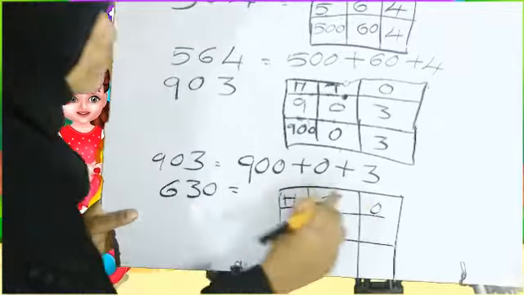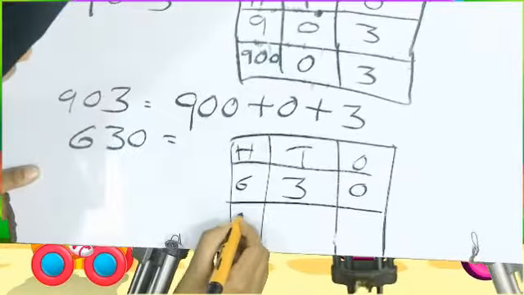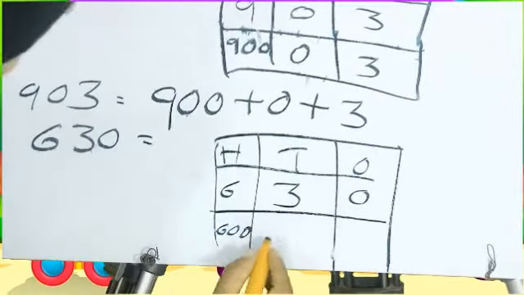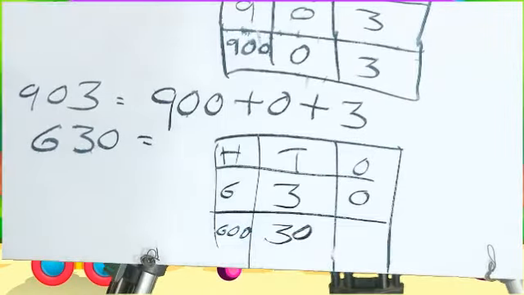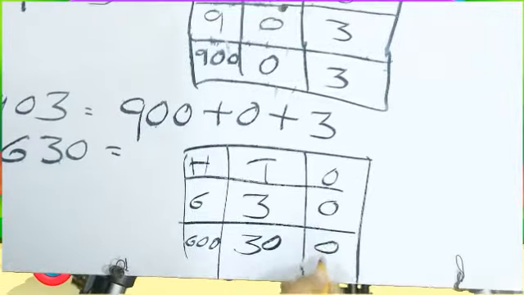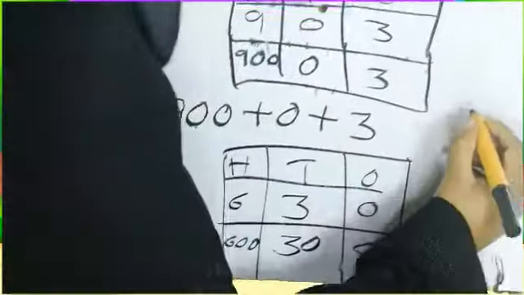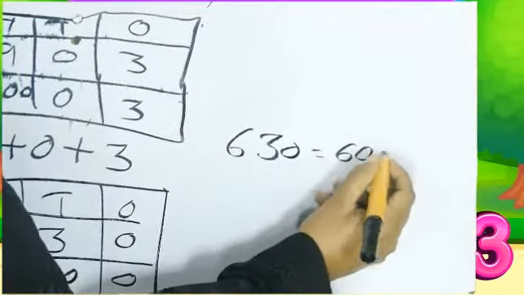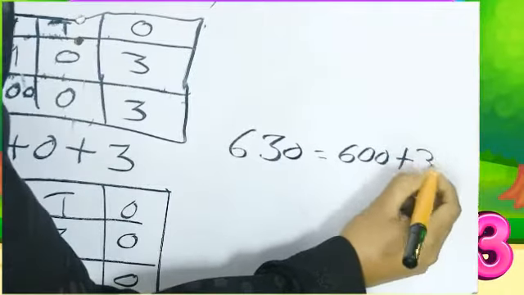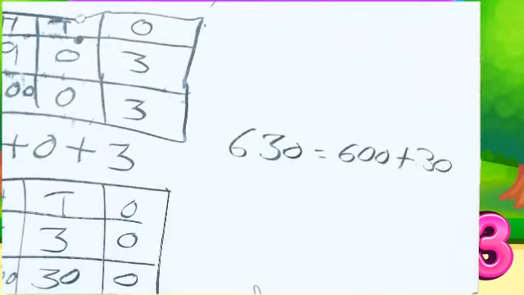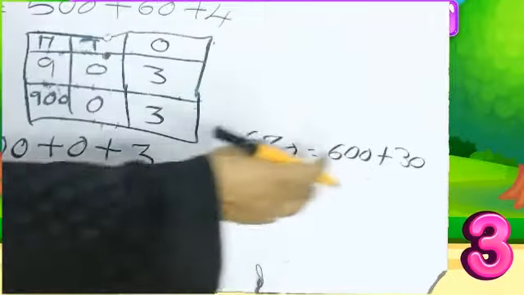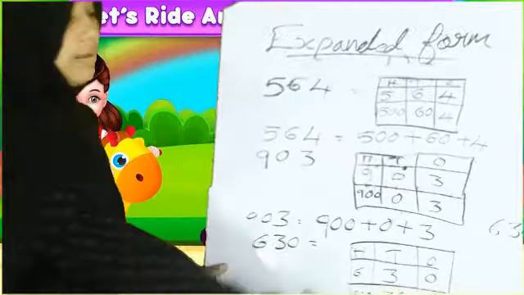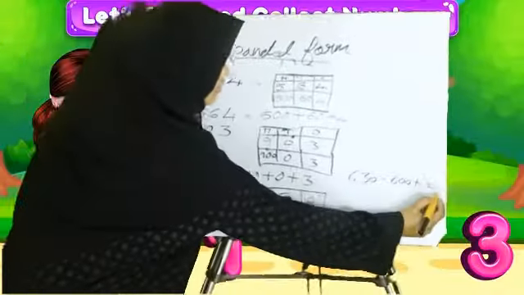How many ones? 0 ones. 600 means 600. 3 tens means 30. 0 ones means we put 0. Then 630 is equal to 600 plus 30. Do we need to write 0? If you want, we can write 630 as 600 plus 30 plus 0.